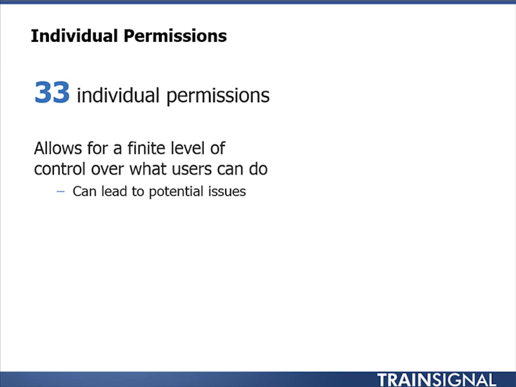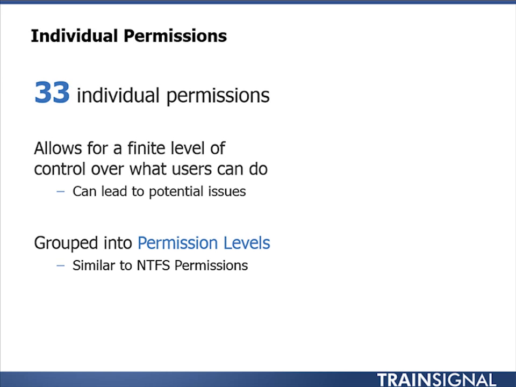In SharePoint, you're not allowed to apply permissions directly. Instead, permissions are grouped together into what's known as a permission level. Now, some people will see the term permission level, and they'll immediately start thinking about some form of inheritance or anything like that in SharePoint, and that's actually not the case.